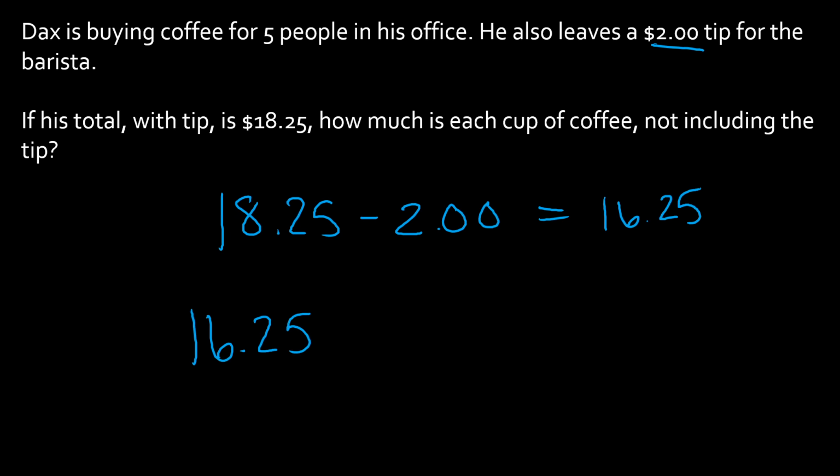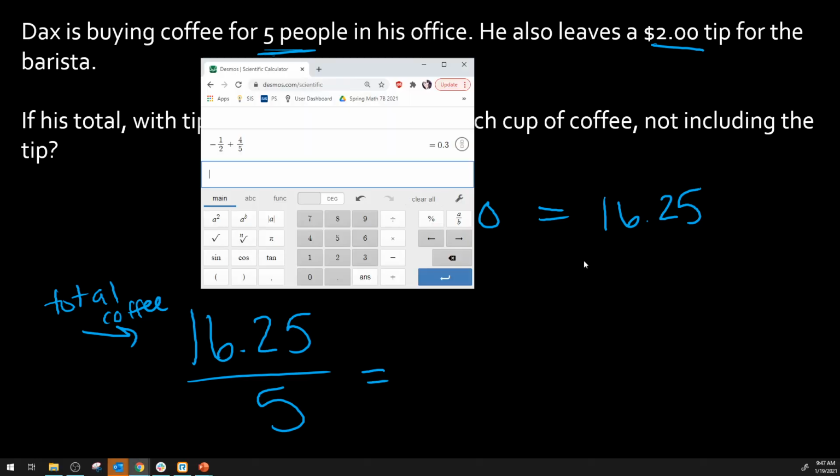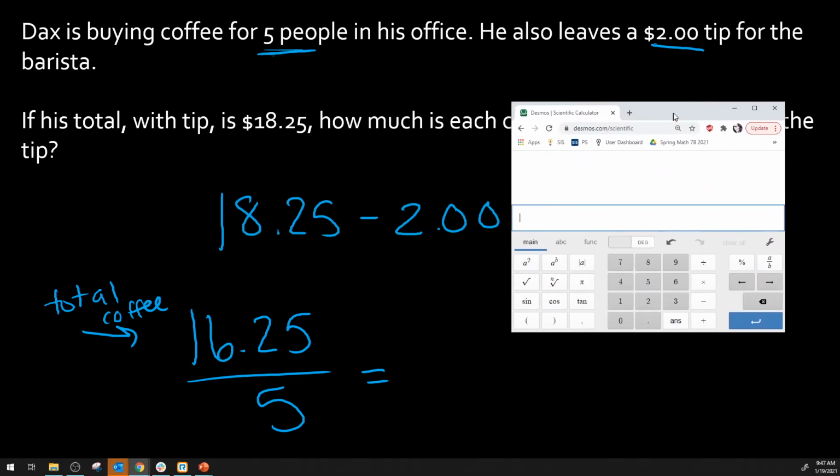So now I'm going to take that $16.25 and I need to figure out how much he's paying for each cup of coffee. Well, I know this is how much he spends in total for his coffee, okay? To figure out how much he spends for each cup, I need to divide it by the total number of cups he bought. And it says here he's buying coffee for 5 people. So I want to divide this by 5. And I'm going to pull open that calculator to help us here.